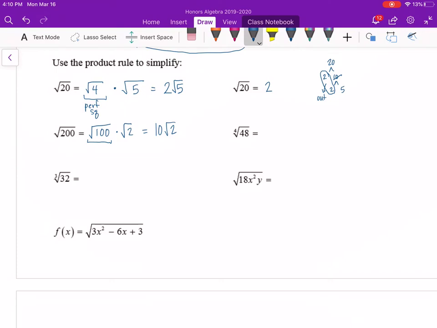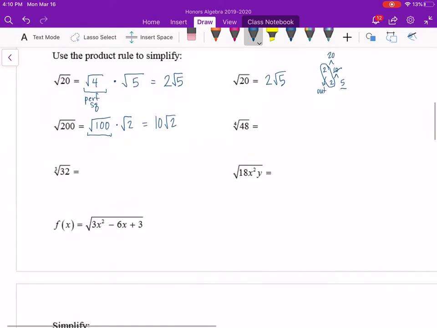There are two of them, 2 times 2. And then the number that is left over is your 5. So same answer, just slightly different method. The only way that's going to change is if you have a fourth root, for example. So let's continue this method with the one below.